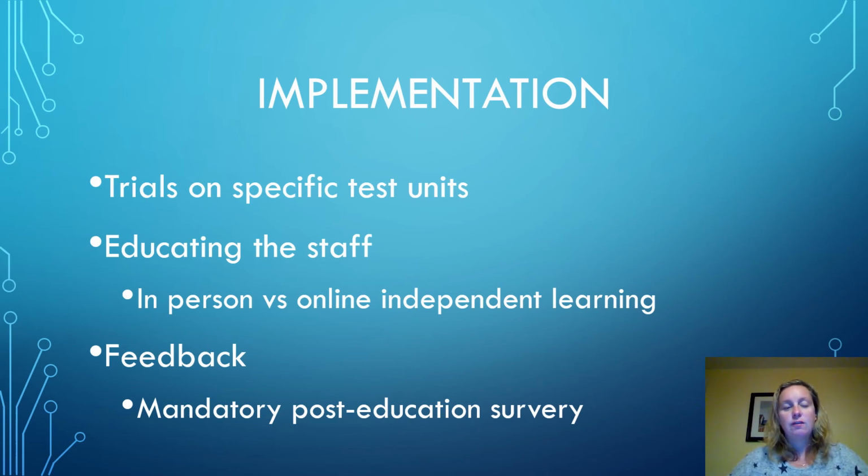And then everybody's favorite feedback to tell if this implementation is working or not is a mandatory post-education survey. So before you get credit for doing your independent learning or for showing up to that 4-hour class above your hours, you need to fill out your survey and hand that back in as truthful as possible in order to get the best information you can.